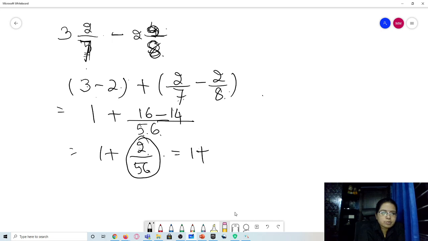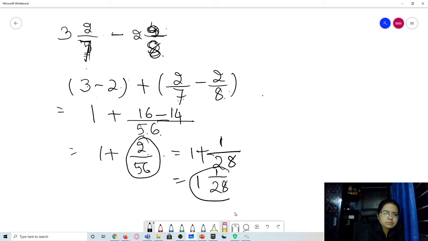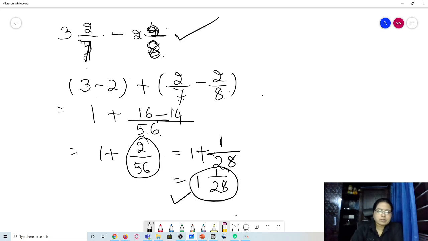So 2 divided by 2 is 1, and 56 divided by 2 is 28. Now 1 divided by 28. This is the answer. So 3 and 2 divided by 7 minus 2 and 2 divided by 8 is 1 and 1 divided by 28. This is a mixed fraction.